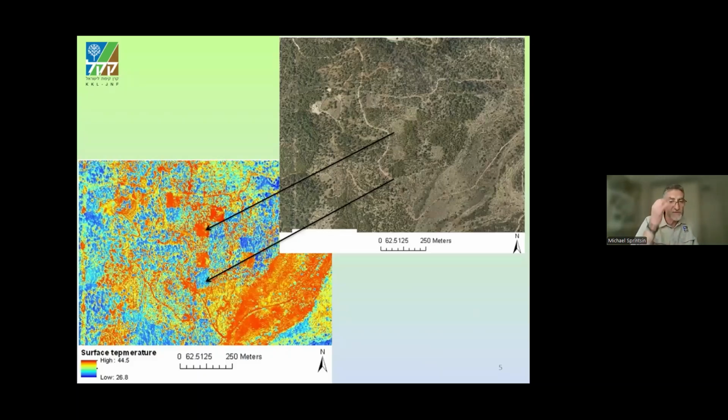And this is how it is presented by thermal imagery. You see the clearing here appears warmer than the denser stand. It's just an example.